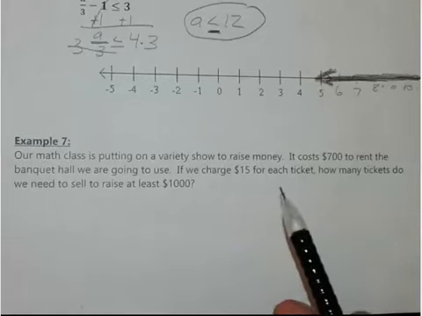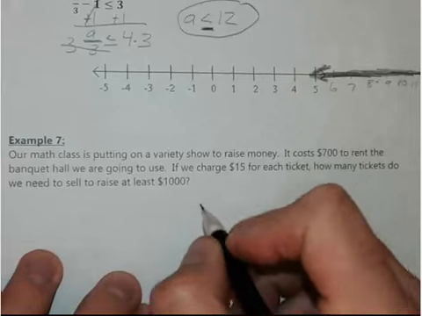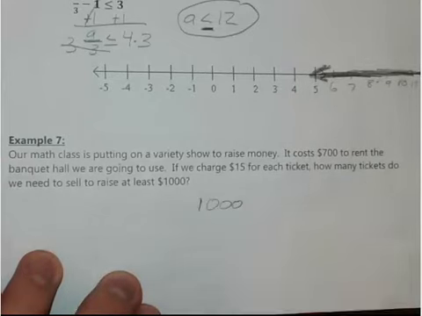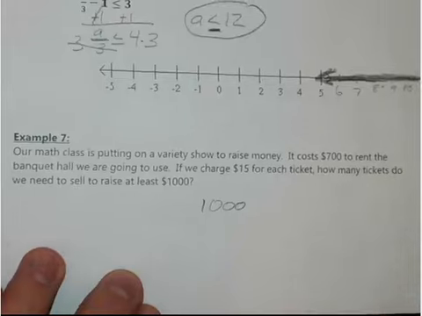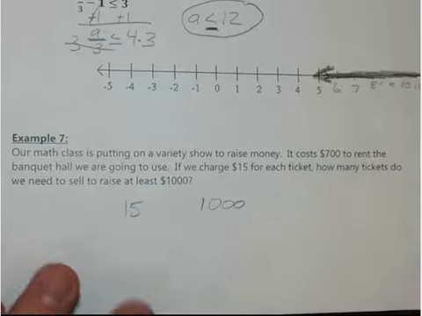We're just looking at tickets and how many tickets we need to sell to raise this $1,000. So we know $1,000 is going to be in the problem somewhere. We're charging $15 for each ticket, so we know that 15 is going to be in there somewhere.